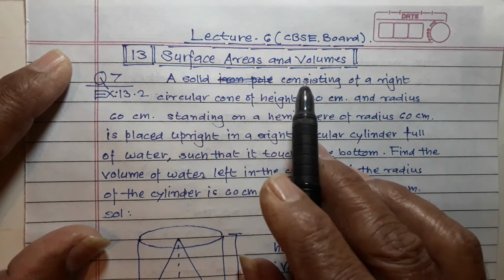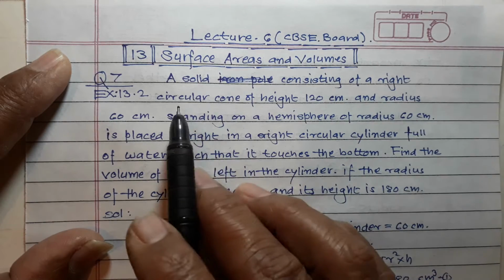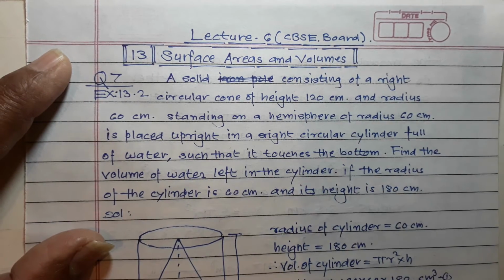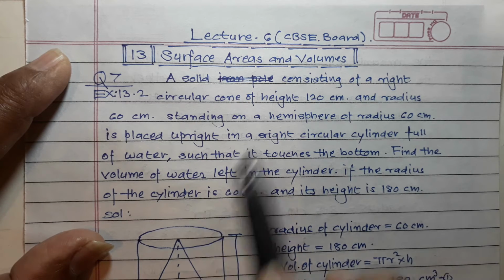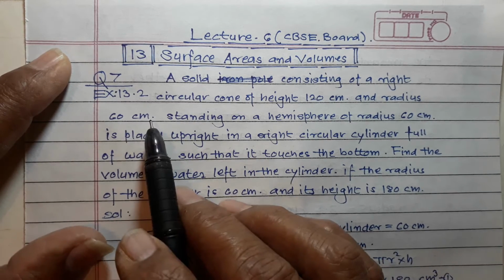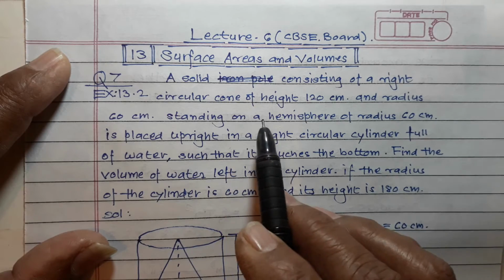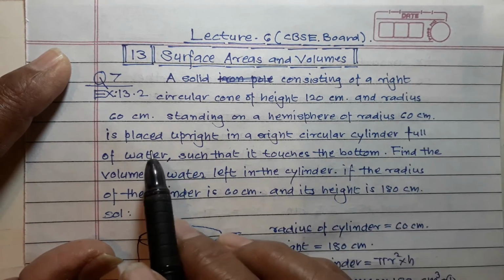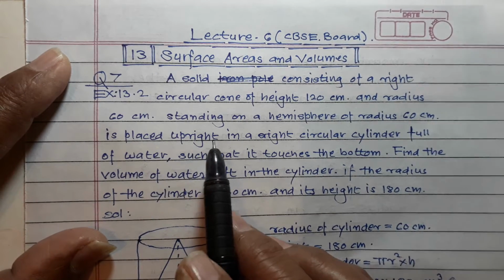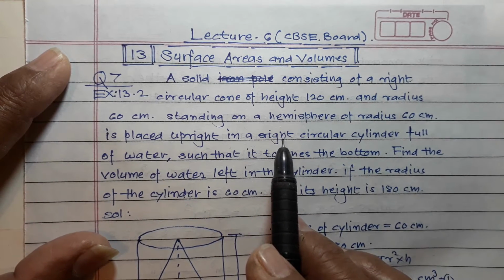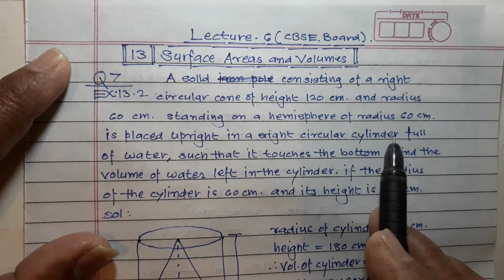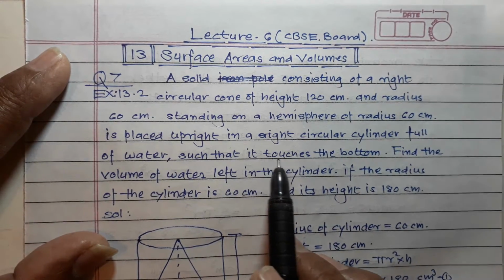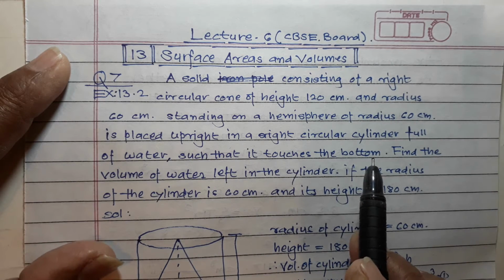A solid consisting of a right circular cone of height 120 centimeter and radius 60 centimeter standing on a hemisphere of radius 60 centimeter is placed upright in a right circular cylinder full of water such that it touches the bottom.